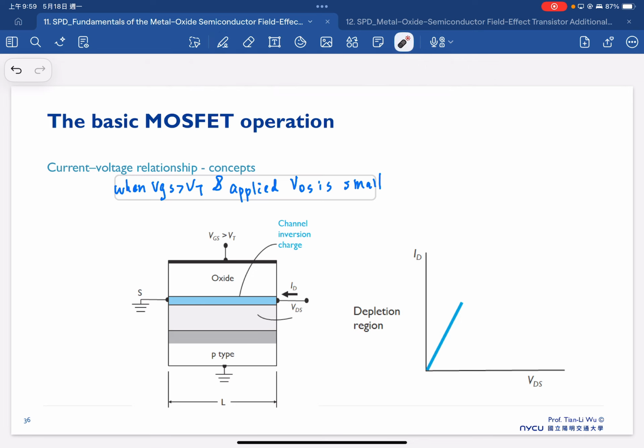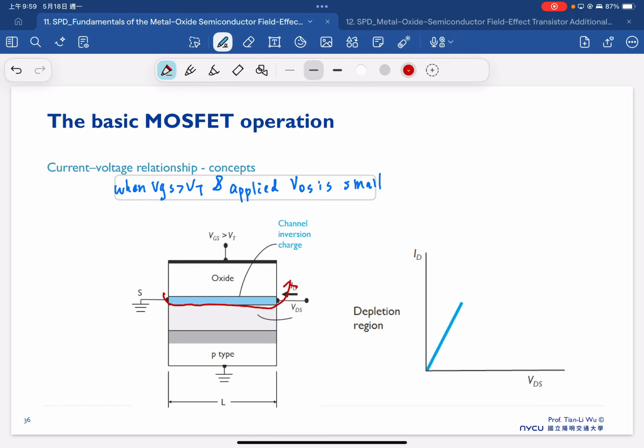So for example, here we make sure that VGS is larger than VTH, but we don't apply a large VDS. In this case, we will have this channel inversion charge, and as I said, the electron flow will flow from source to drain.